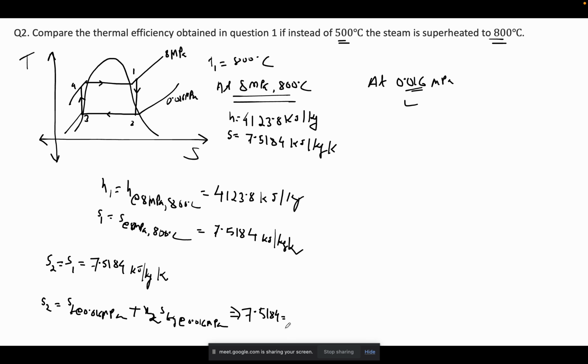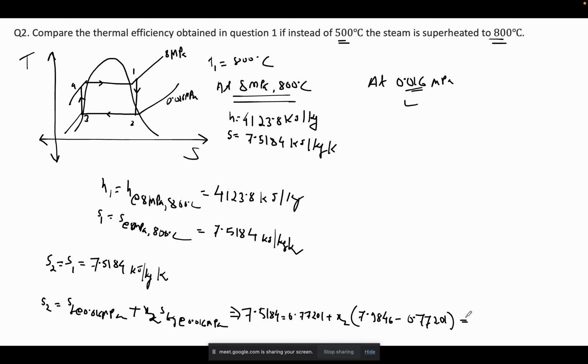So 7.5184 is equal to, I already have the SF value, 0.77201 plus X2 times 7.9846 minus 0.77201.